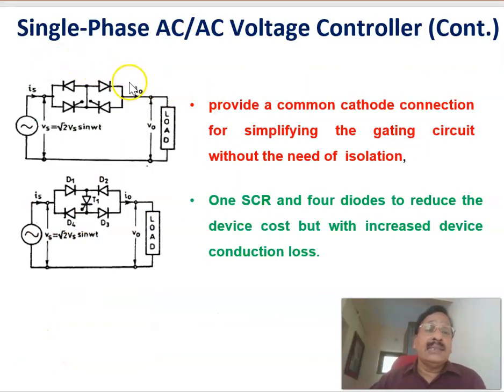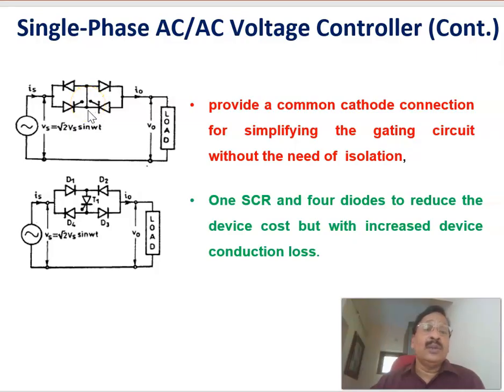But if you change the topology a little bit like this one, the two thyristors are connected in this fashion, the cathodes are shorted, and there are two diodes connected like this. This is also an AC voltage controller in which four devices are used: two diodes and two thyristors. But in this case, the cathode terminal is common.